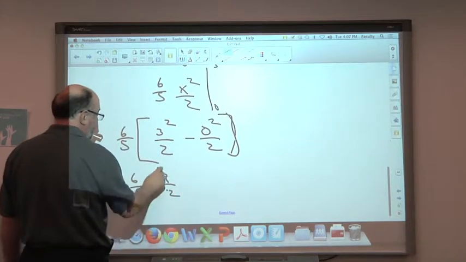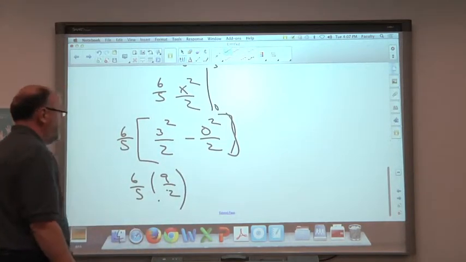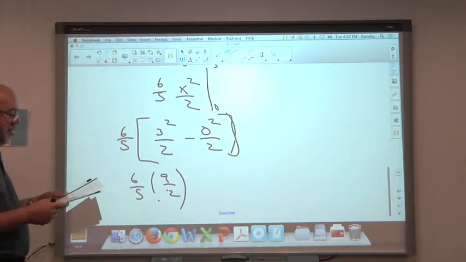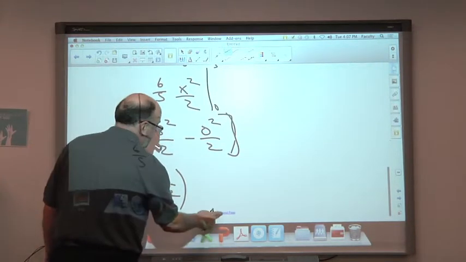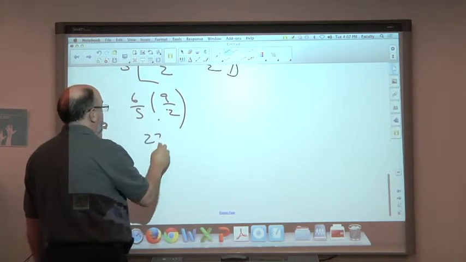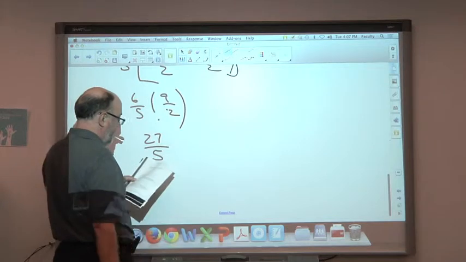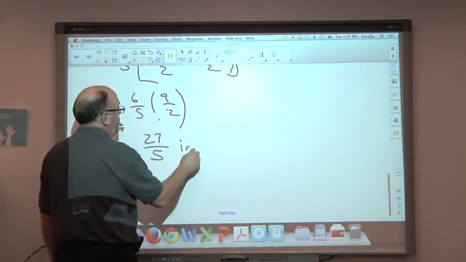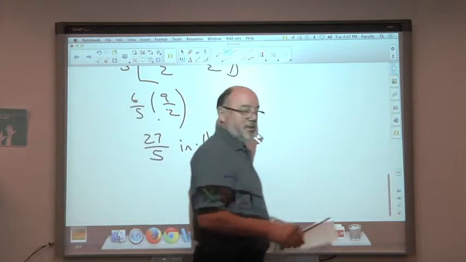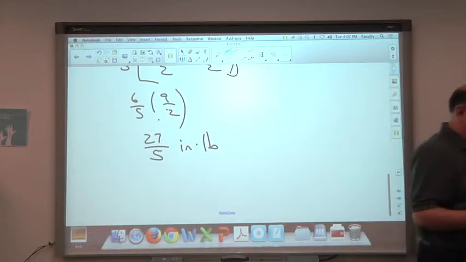The back part is 0, so we can simplify that out, and we end up with a final answer of 27/5 inches. Right? So that is the work done by our spring in this case.